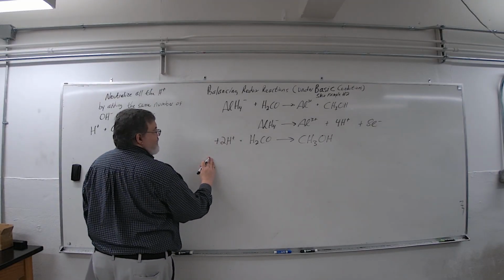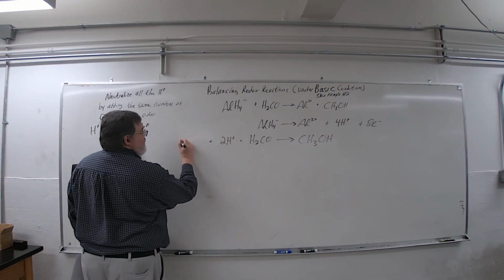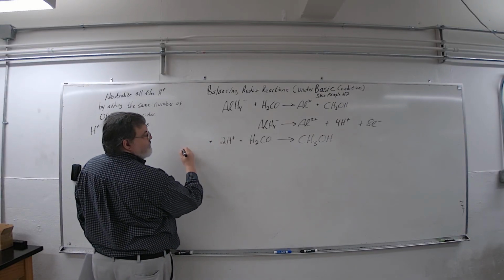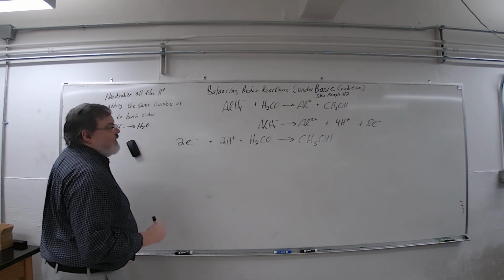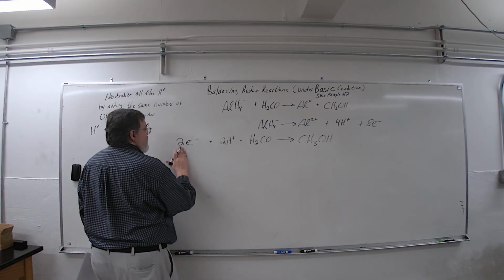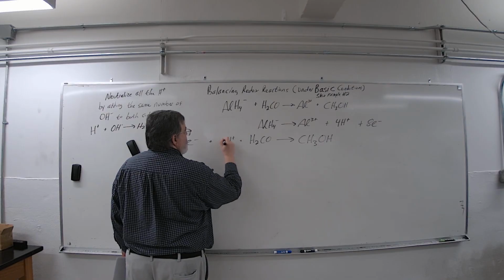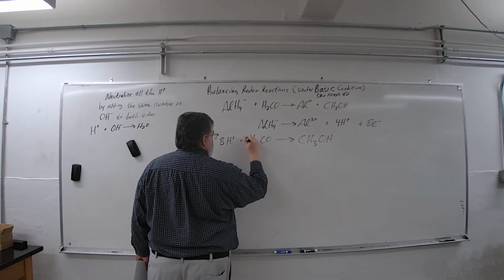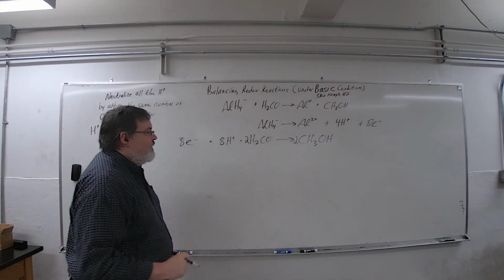We're going to add 2. 8 there and 2 here, so we multiply 2 here by 4. 2 times 4 is 8. 2 times 1 is 2. All right.